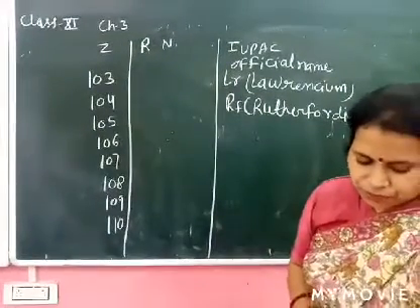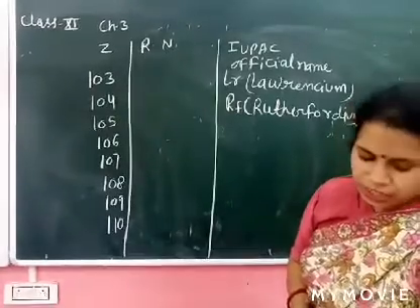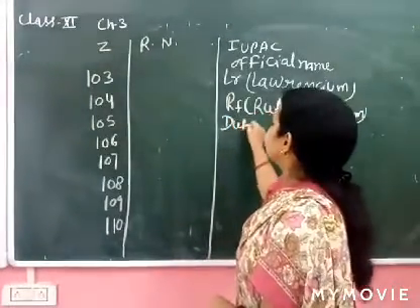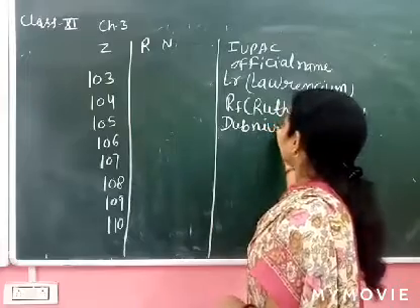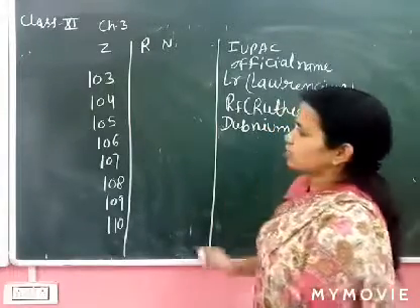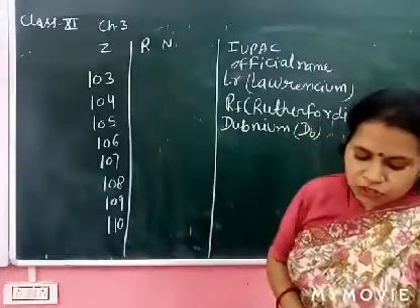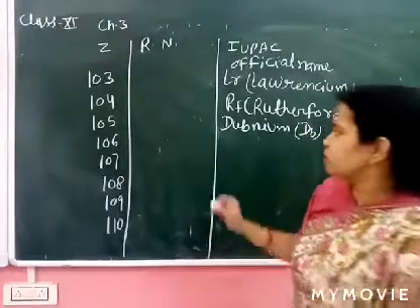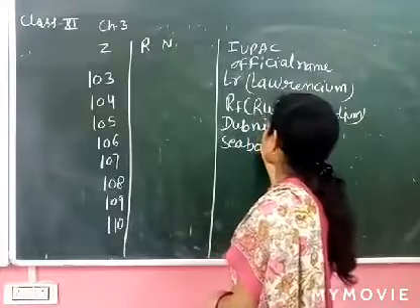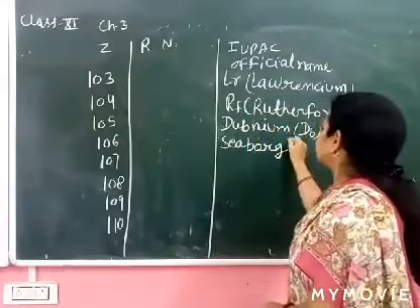Next is 105. Its name is Dubnium, symbol Db. 106 is Seaborgium, symbol Sg.